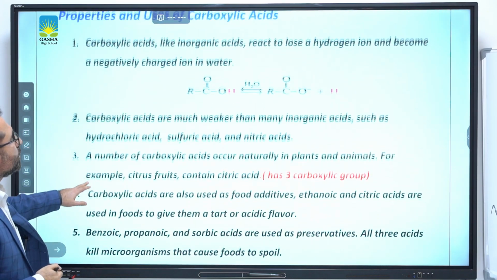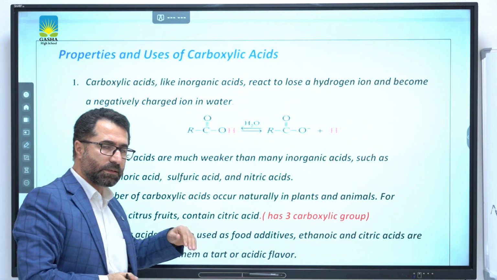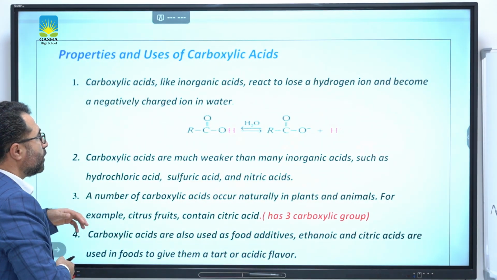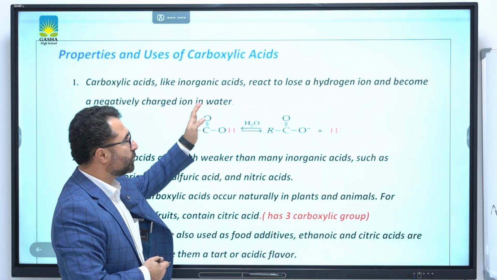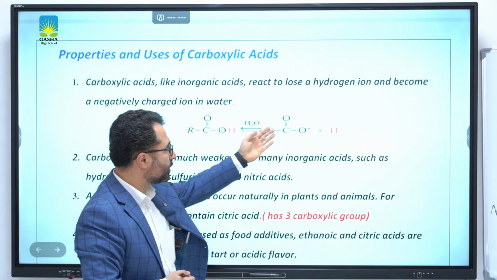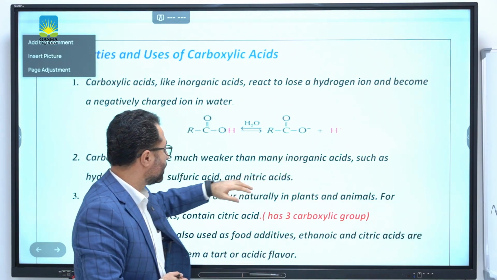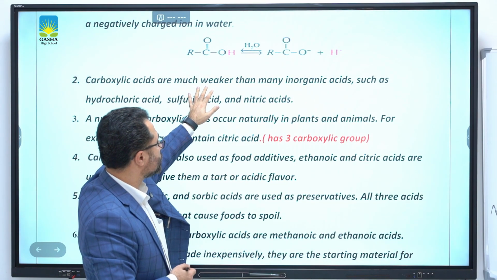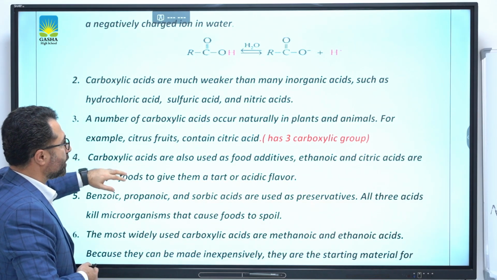Properties and uses. The properties of carboxylic acids are the same as the properties of acetic acid in chapter 2. They can donate a proton to water, increasing the H3O+ ion in aqueous solution, and they are much weaker than the inorganic acids.